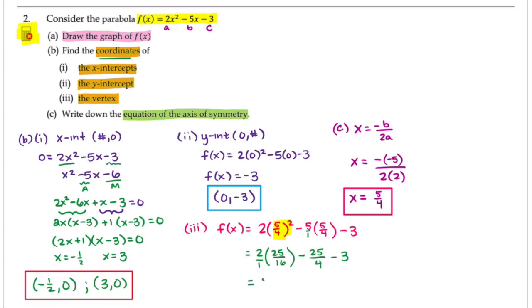We have 50 over 16 minus 25 over 4 minus 3. And I'm looking for f of x, right? So at this point, I'm going to find common denominators. That way it's easier for me to work with, and I'm going to be able to get myself my y coordinate.